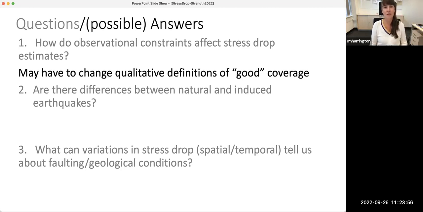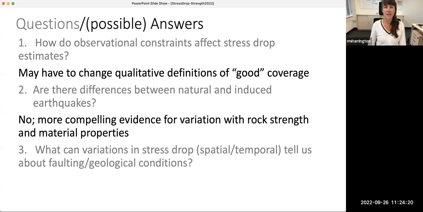What we thought up to this point was good coverage may not actually be all that good, particularly when we're looking at smaller earthquakes. And hopefully, as more and more types of nodal seismic data become available, maybe we will be able to provide some insights into what kind of resolution we actually need.